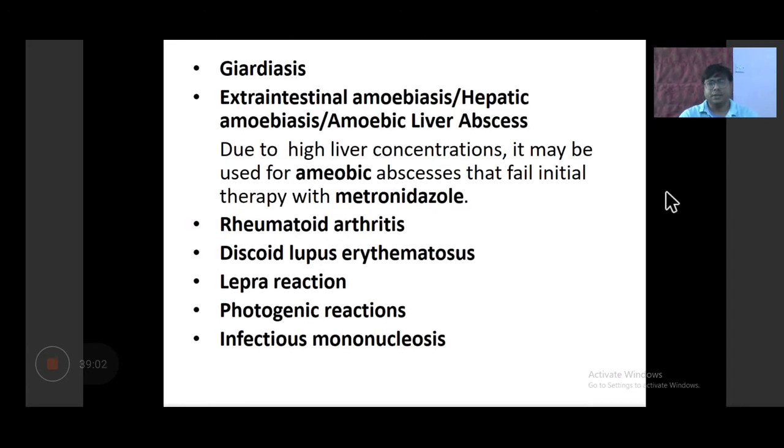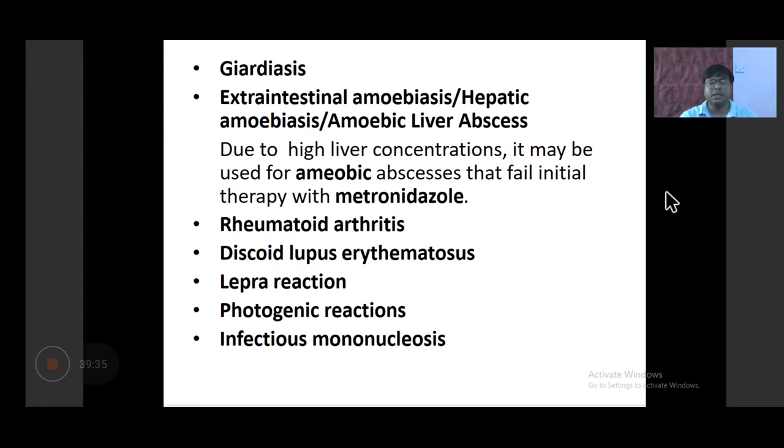But apart from malaria, just remember there are other diseases where we can indicate chloroquine use, like giardiasis, like extraintestinal amoebiasis. Another name for the same is hepatic amoebiasis or amoebic liver abscess. This is just because chloroquine has a very high volume of distribution, so it gets accumulated in the tissue. We will see that when we read anti-amoebic drugs.